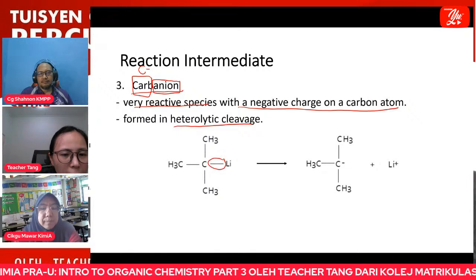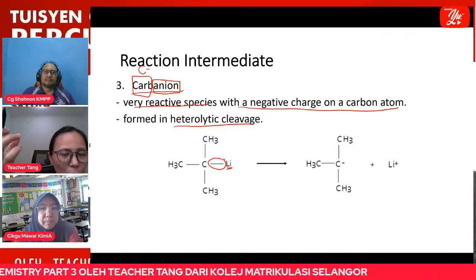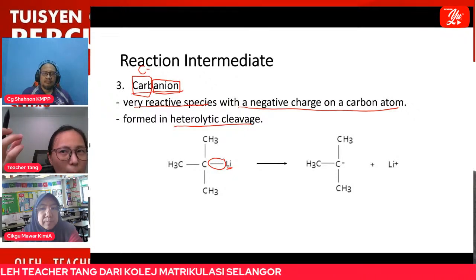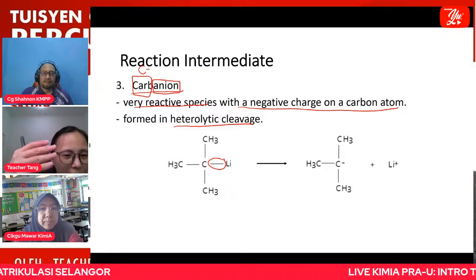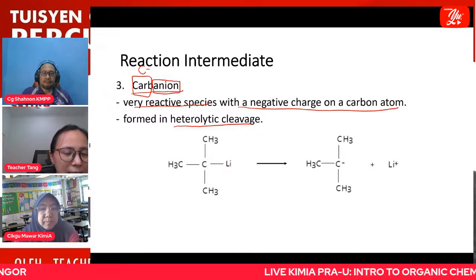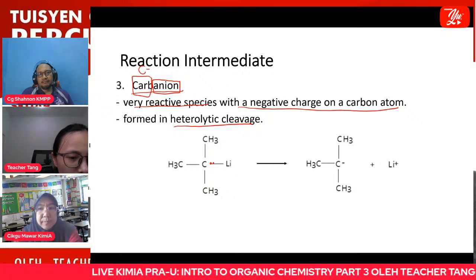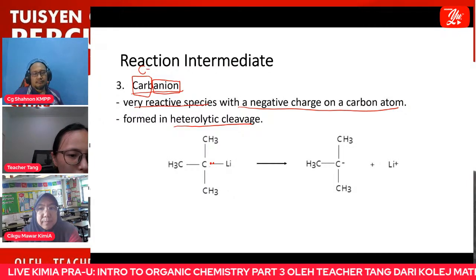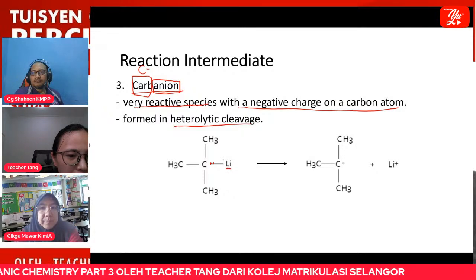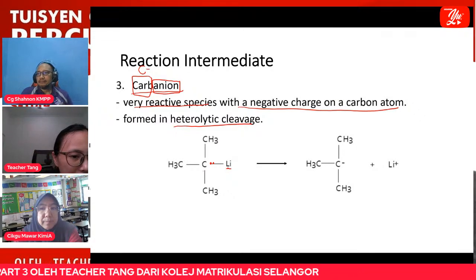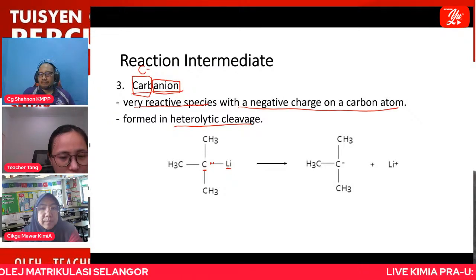So in this bond, we know that this is lithium. Lithium is a metal, so it is very electropositive. Electropositive means that it will tend to give away the electron. So this again is a polar bond, whereby the shared pair of electrons is more to carbon, because lithium is electropositive. In other words, carbon is more electronegative than lithium.